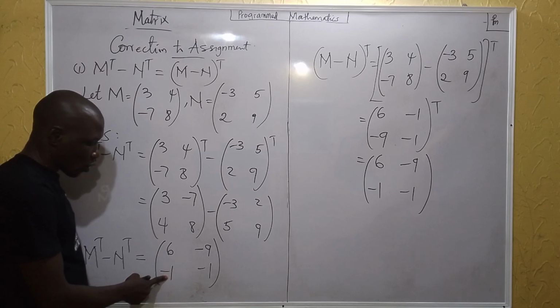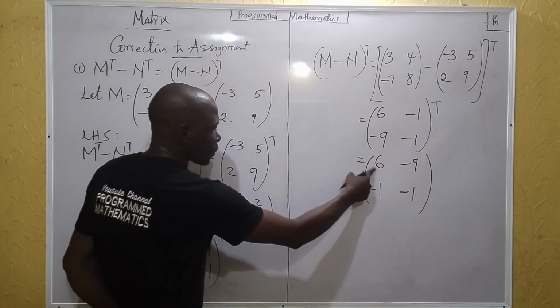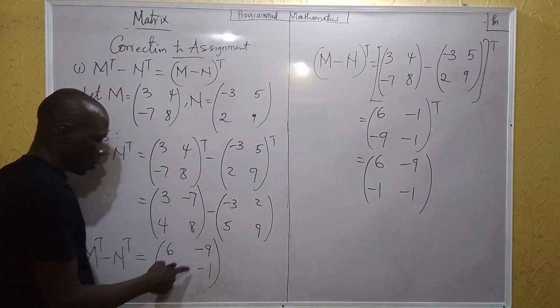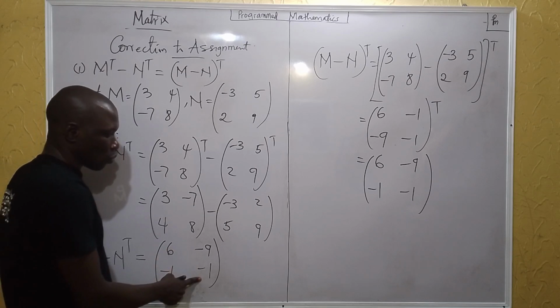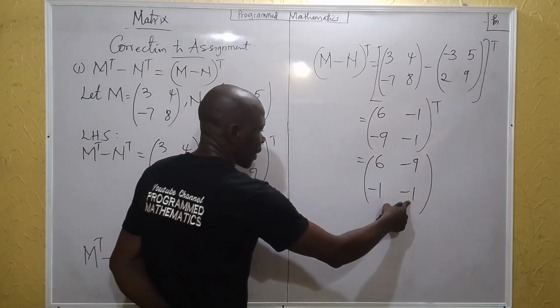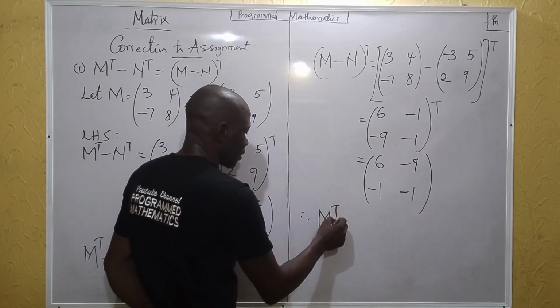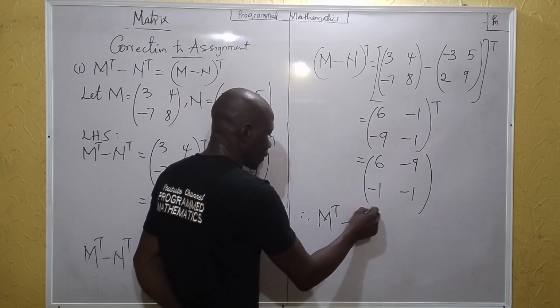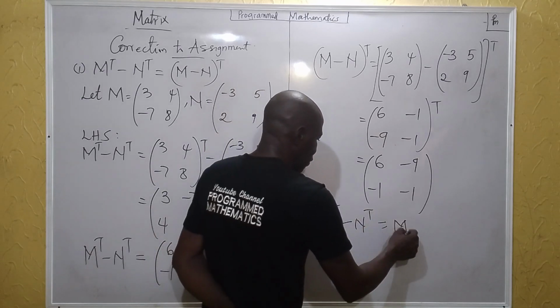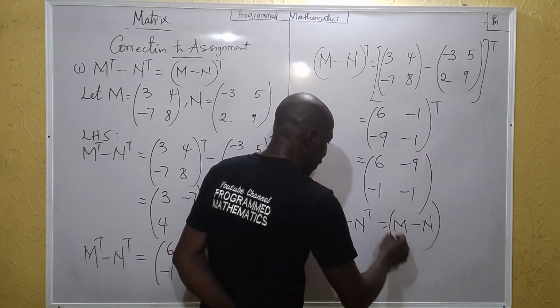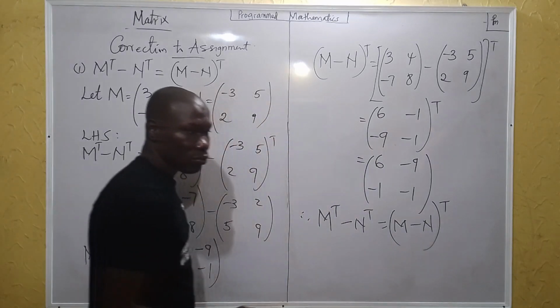Now let's compare the results. 6, minus 1 for column 1, and 6, minus 1 for column 1. Minus 9, minus 1 for column 2, and minus 9, minus 1 for column 2. So we can conclude here that M transpose minus N transpose is actually the same as M minus N transpose.